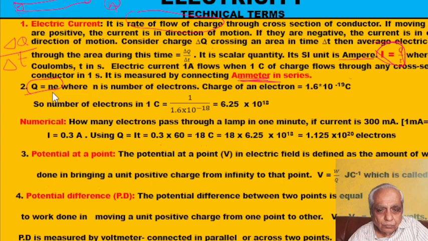So, if my charge is 1 coulomb and e is the charge of an electron, then how many electrons are there? Then n would be equal to Q upon e. So the number of electrons that flow to get a charge of 1 coulomb would be 1 upon e. I have calculated this and got 6.25 into 10 raised to 18. So these are the number of electrons that flow per second in a wire to have a current of 1 ampere; 1 coulomb of charge is made up of 6.25 into 10 raised to 18 electrons.